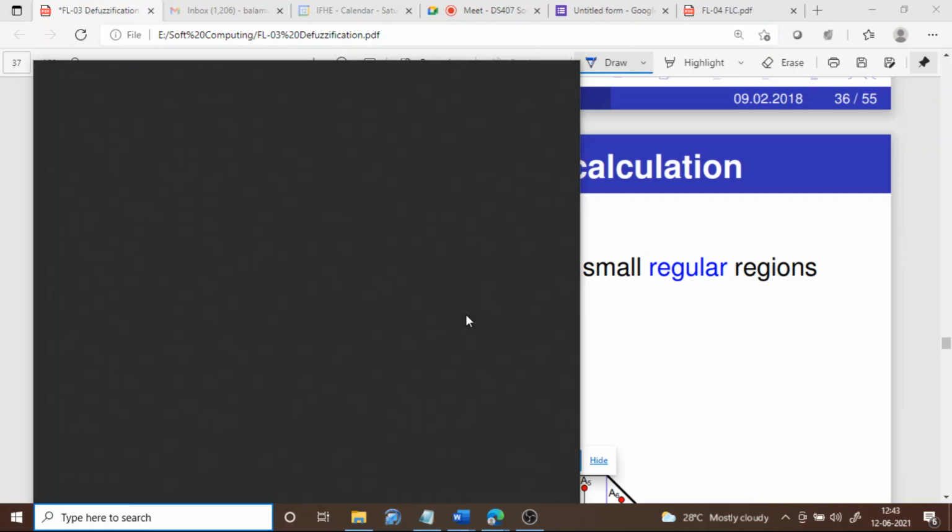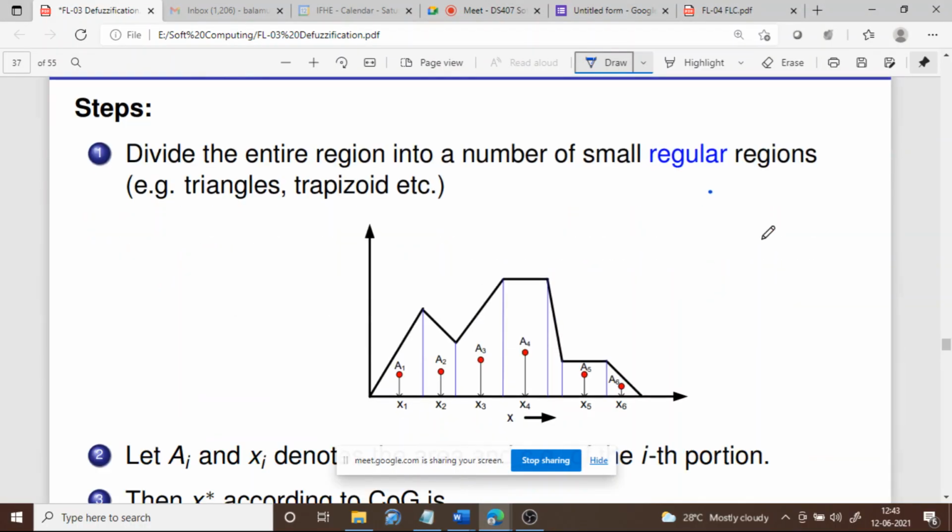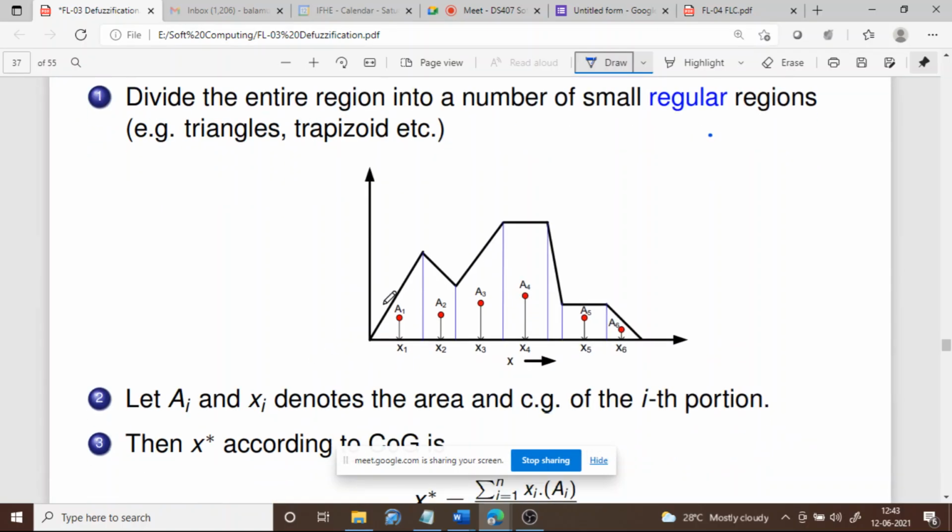So let us understand this with an example. Any fuzzy values can be represented through some membership function, and this membership function can be plotted as a graph. When you plot it, you will get some irregular shape.